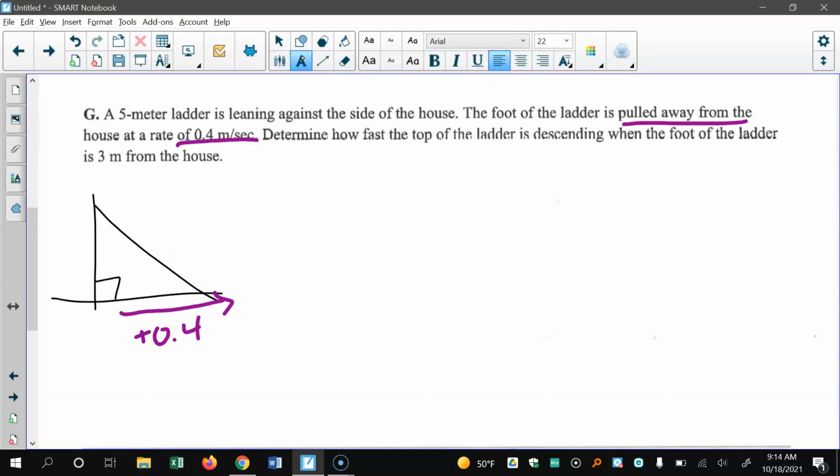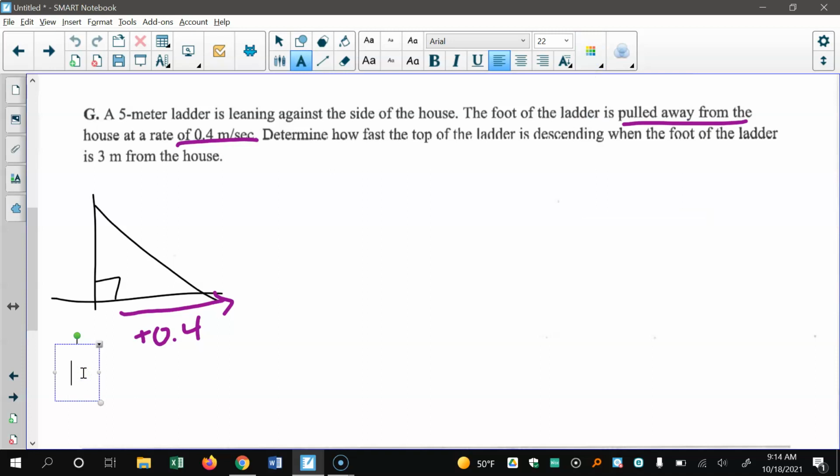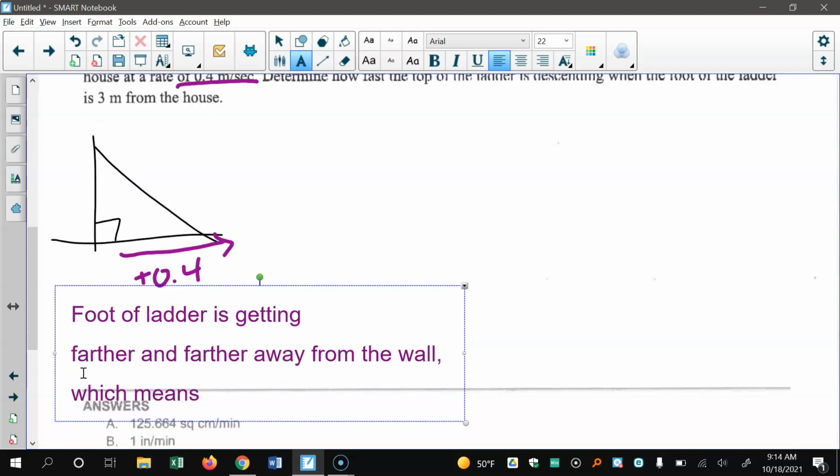I'm going to type a note here because that's an important aspect of the problem. If you label that as negative, it's going to be wrong. So the foot of the ladder is getting farther and farther away from the wall, which means that the rate must be positive.